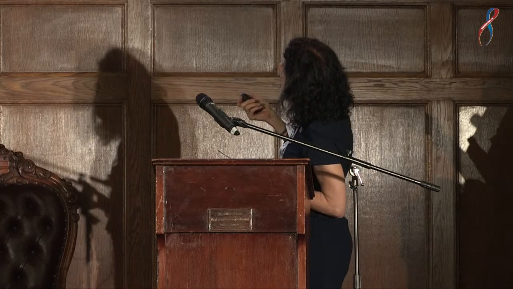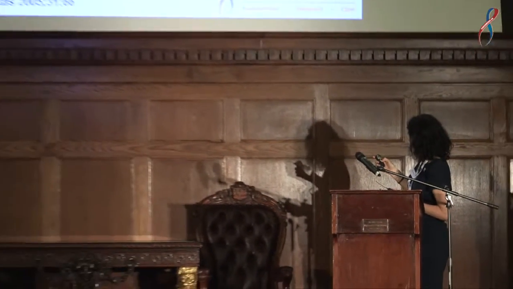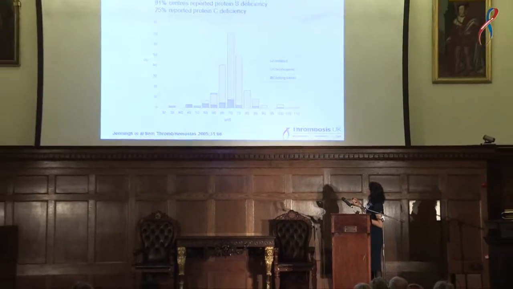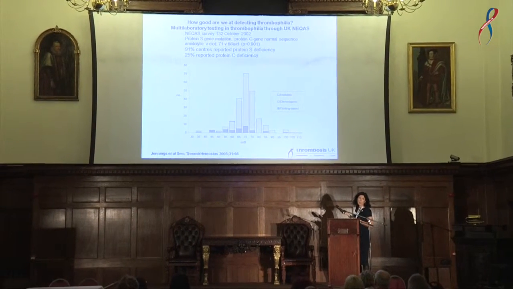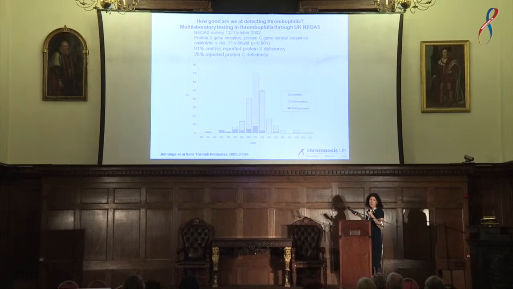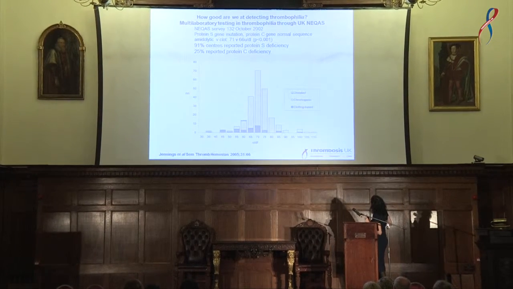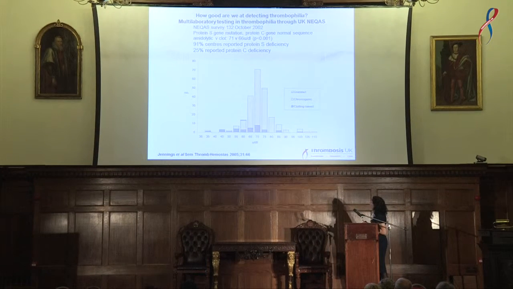One is meant to be short in protein C, so that's protein C deficiency. 91% of the centres reported the patient had protein C deficiency, but 9% missed it, and 25% reported protein C deficiency, and actually there was no problem with protein C.